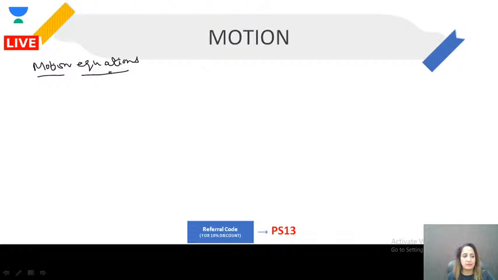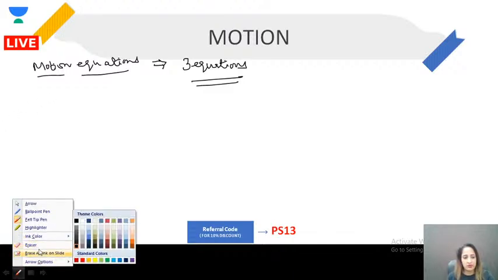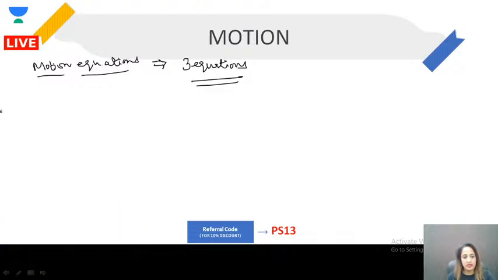We call them kinematics as well. So we have technically 3 equations. Okay, so first of all, we'll have to understand, we will go with the example where the object is having some kind of acceleration.